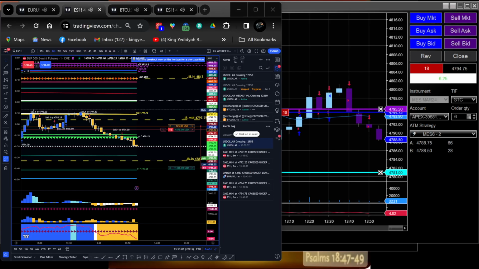Stops and Q sell. Absorption sellers and Q. Absorption sellers ES. Sweep ES.